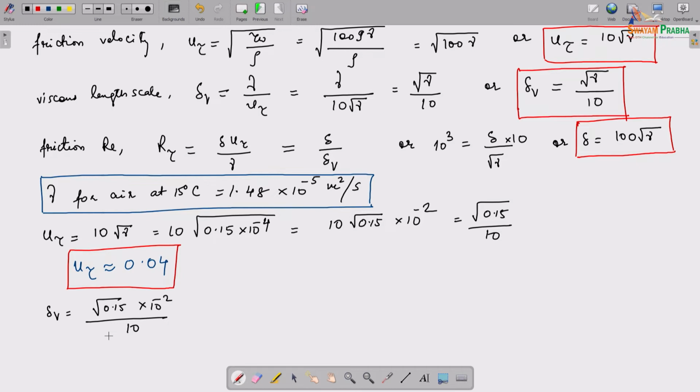Okay, this is actually equal to, okay, therefore delta v is equal to, right, and this should be meters, of course, this should be meters per second.